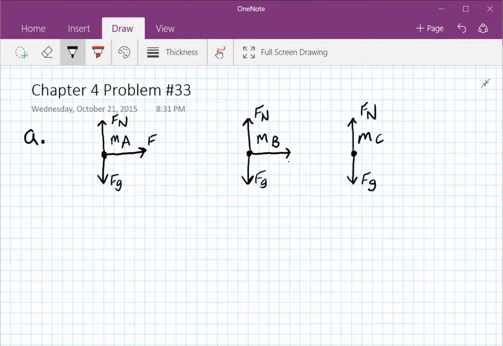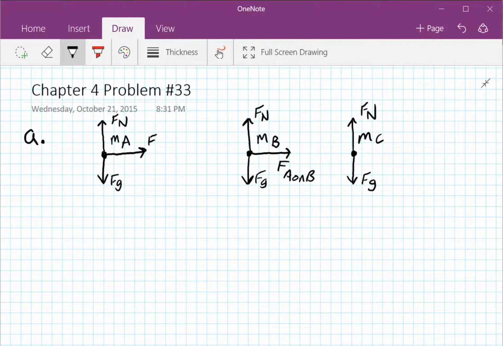You write F of A on B. So the force comes from mass A, and it's acting on mass B.